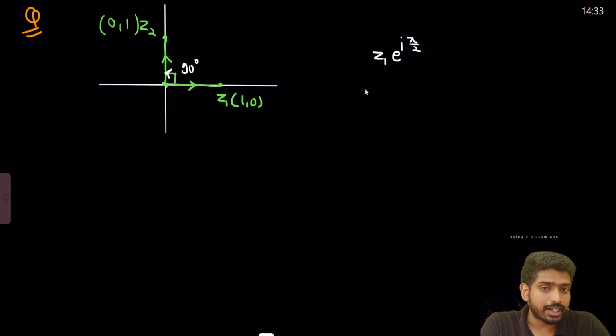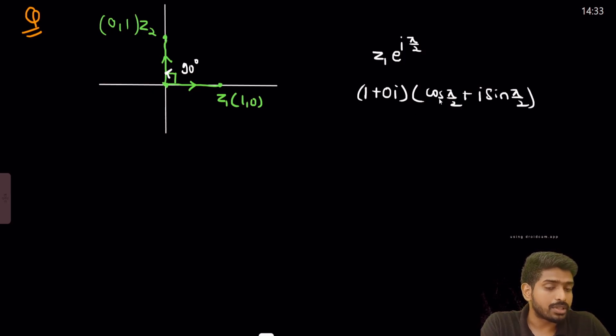See, the z1 vector I can write as 1 plus 0 iota. Got it? And e to the power iota pi by 2 is cos pi by 2 plus iota sin pi by 2. Cos pi by 2 is 0, and sin pi by 2 is 1, right?